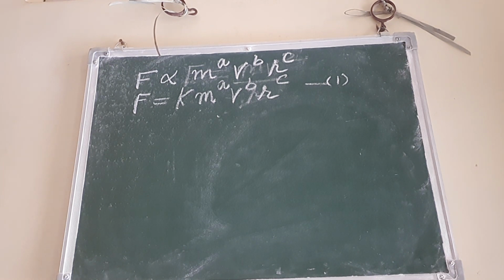Now we are writing the dimensional formulas of each value on both sides.